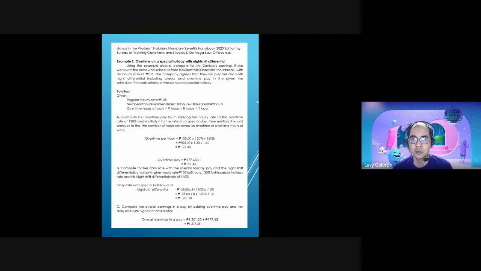This work schedule was done on a special holiday. Dito naman, special holiday. So regular rate is 105 per hour. Number of hours work 10 hours minus lunch break 9 hours. At yung overtime hours niya ay 1 hour lang.